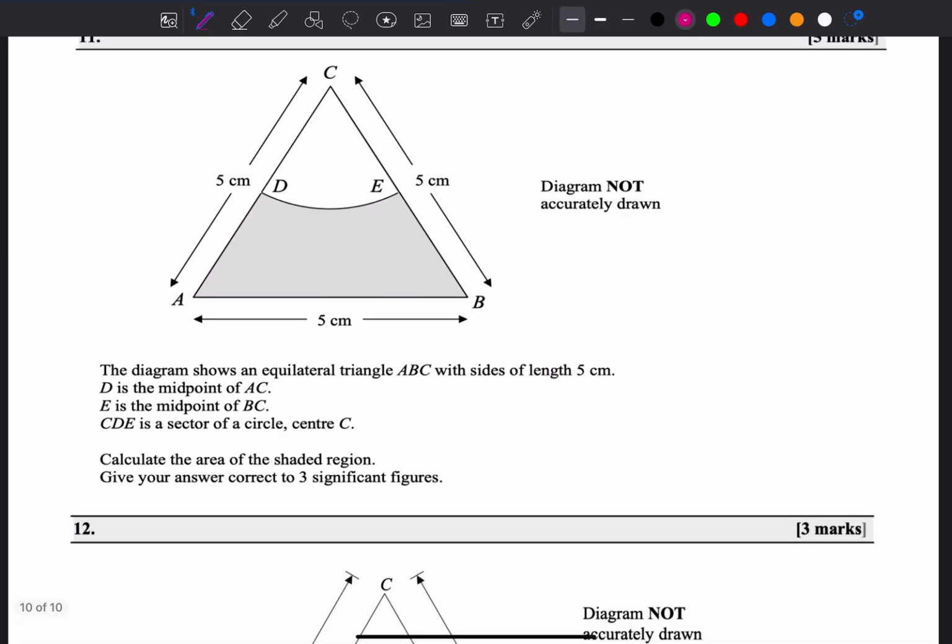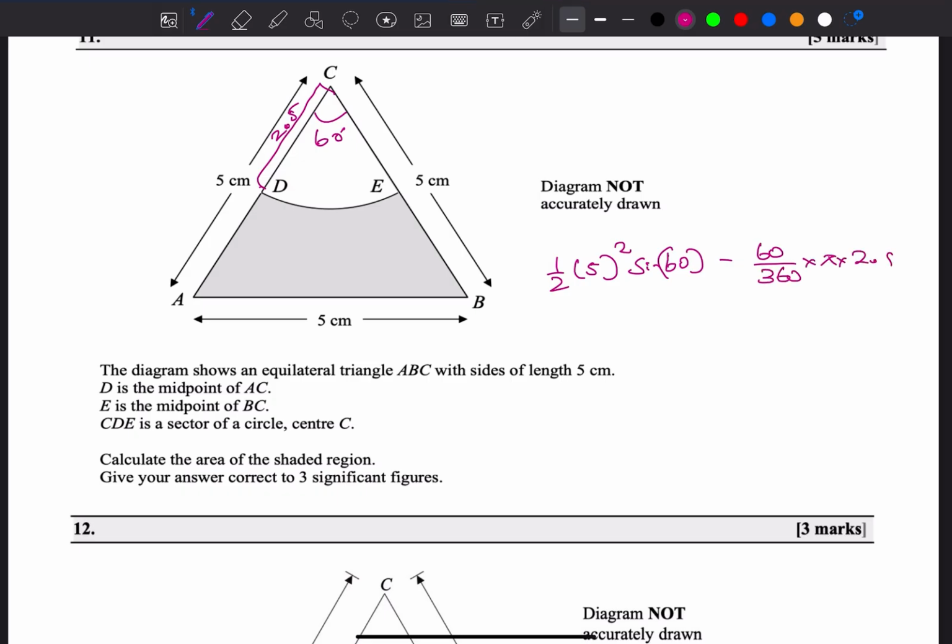The area of shaded here, so you know this is 60 degrees. Is it midpoint? Yeah, from here to here must be what then? 2.5 centimeters. So you will do the area of the big triangle, which is half times 5 times 5, the length of the triangle, so 5 squared sine 60. Take away area of sector, which is 60 over 360 times pi times radius squared.